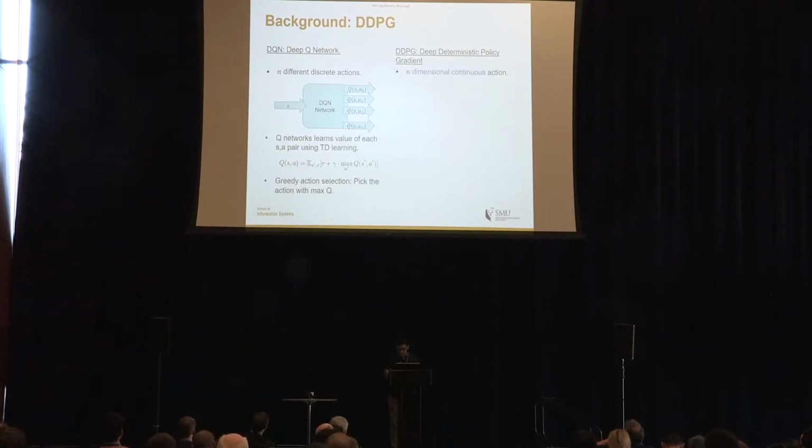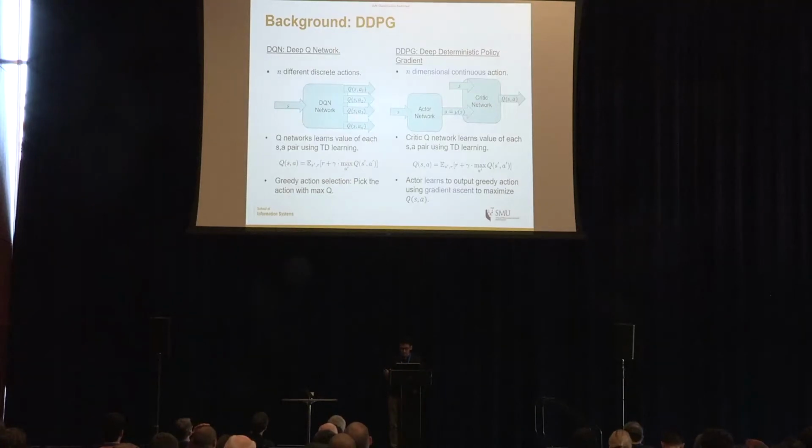In DDPG, which is like a continuous version of DQN, you have a deep Q network which has a slightly different architecture. It takes as input the state and an action and gives you the Q(s,a) value. And because of that, you need a separate actor network which learns to maximize the critic, that is, it learns to pick the greedy action. So here is the chain rule equation which says the same thing.